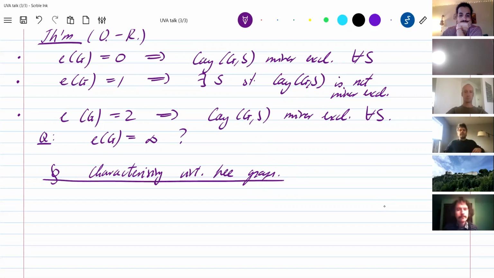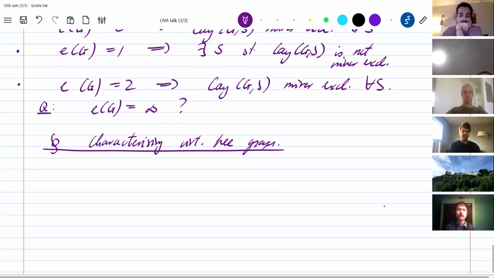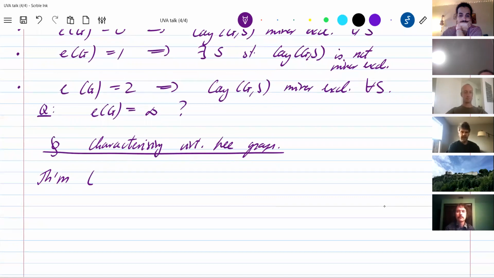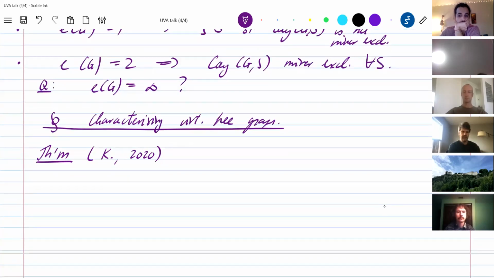So, in fact, the answer to this question that Ostrovsky and Rosenthal asked in 2014 is positive. We can characterize virtually free groups using minor exclusions.